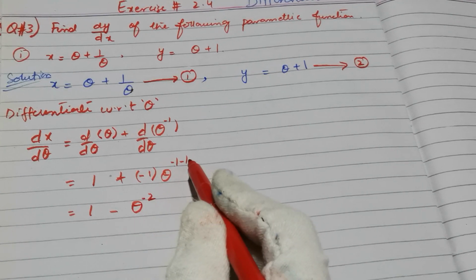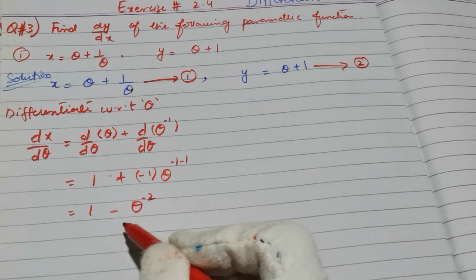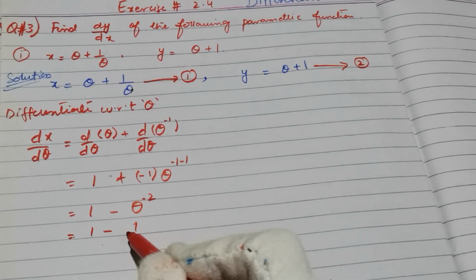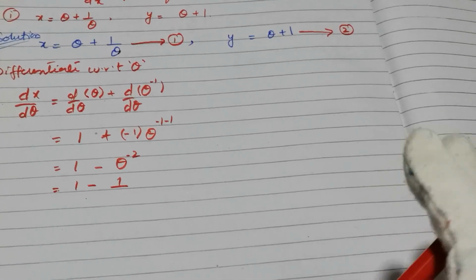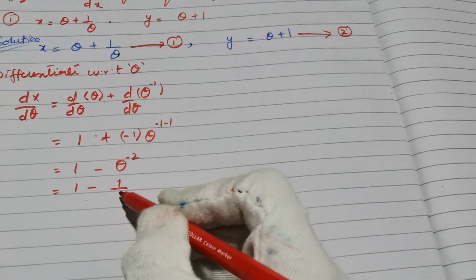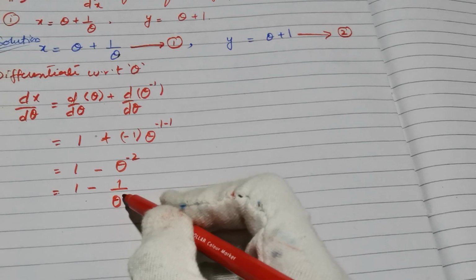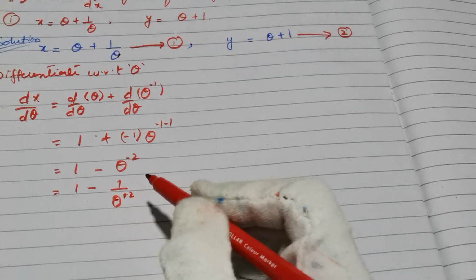So 1 minus theta to the power minus 2. When we take it to the denominator, theta raised to the power minus 2 becomes positive 2.